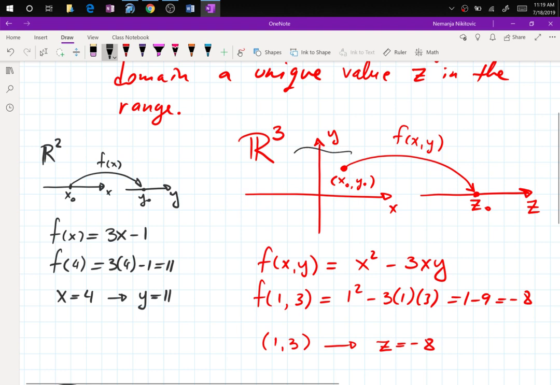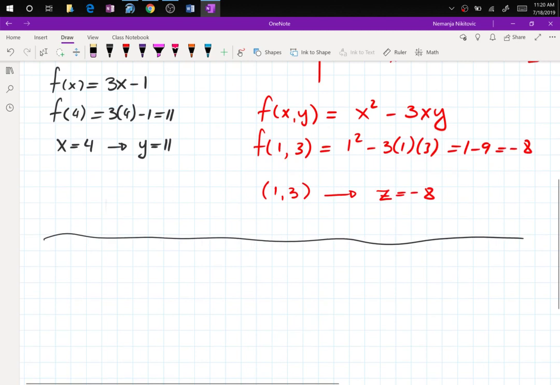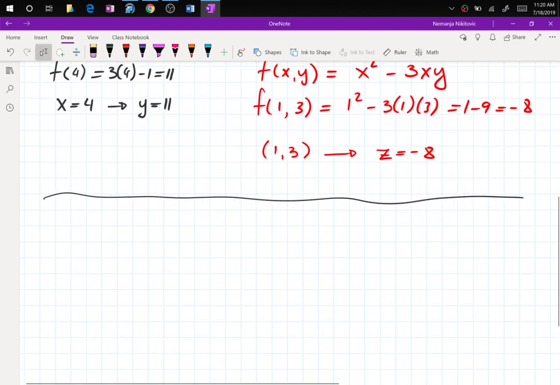The domain now could be a blob, could be a circle, could be a half plane, all of the numbers on one side and so on. So the domain is trickier to find, but the concept of the way in which the function works is exactly the same, except now you have 2 input values instead of only 1.